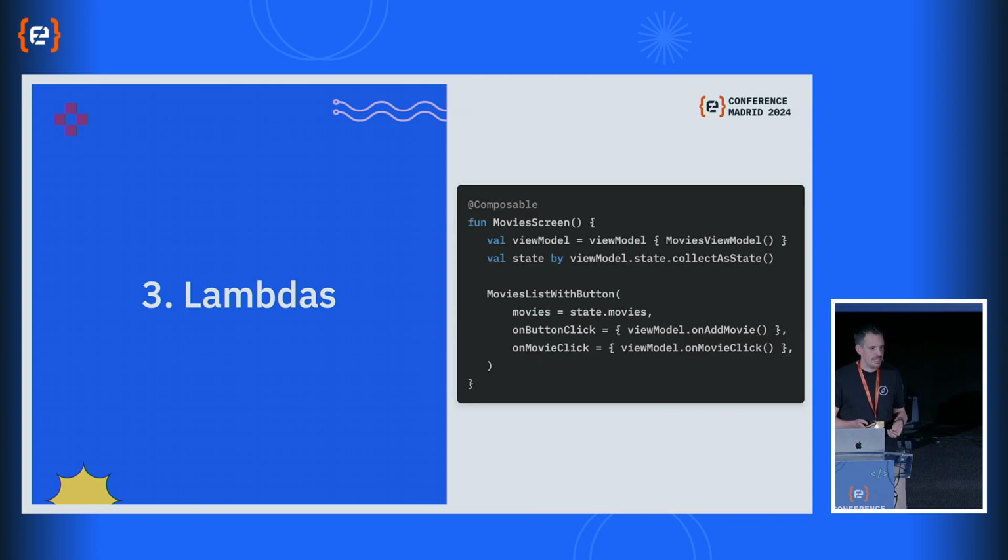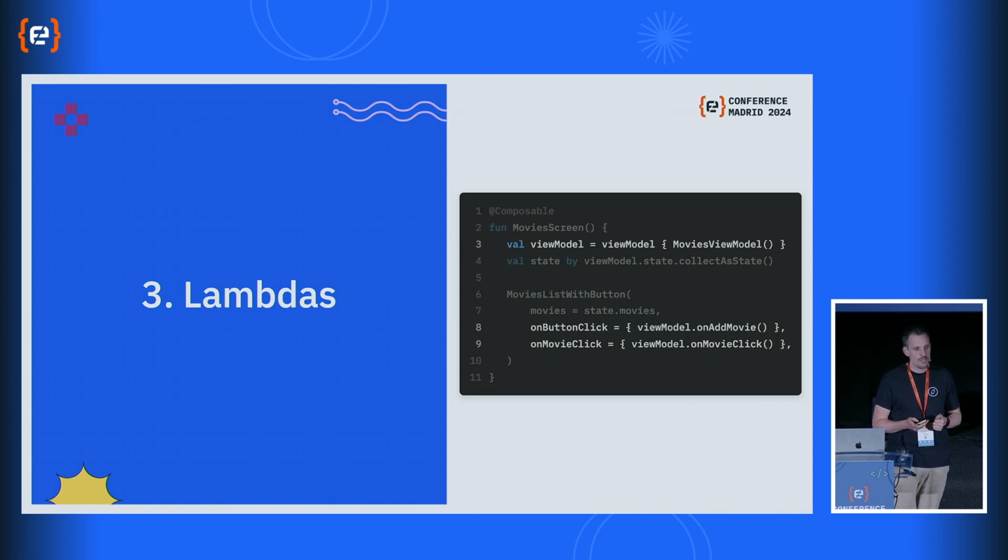For instance, in this example we have a movie screen with a view model, and then in the movies list with button, we have a couple of lambdas. In this situation, we see that the scope of the lambda is not stable because the view model is unstable.